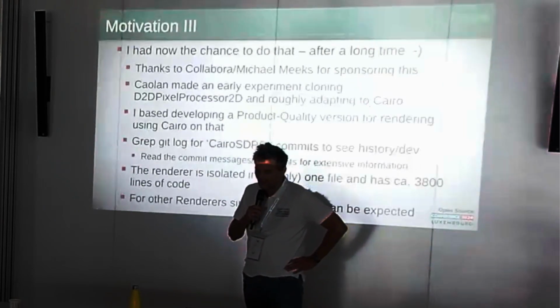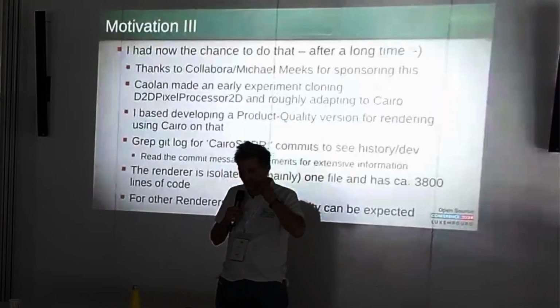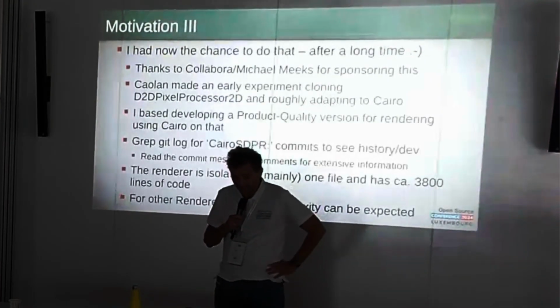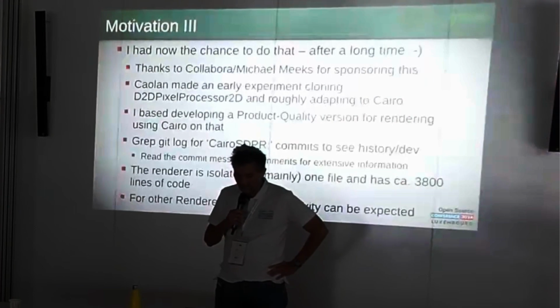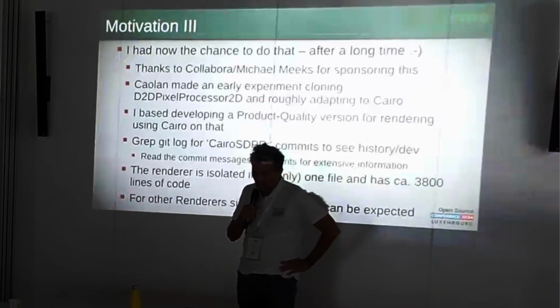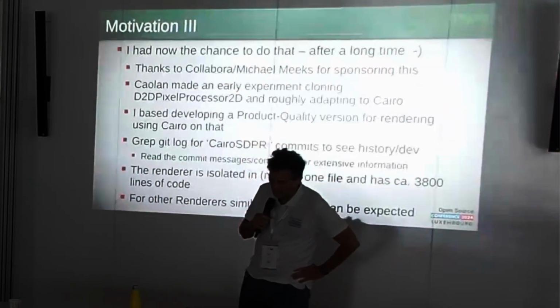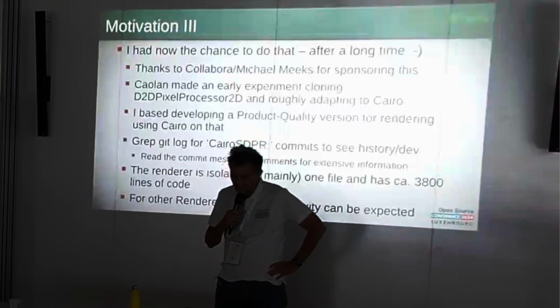And he adapted it roughly to Cairo, and I based my development directly on it, taking over and trying to get it to product quality as fast as possible. You can grab the Git logs for CairoSDPR. I like to flag my stuff like that, and you can check the commits which were necessary.